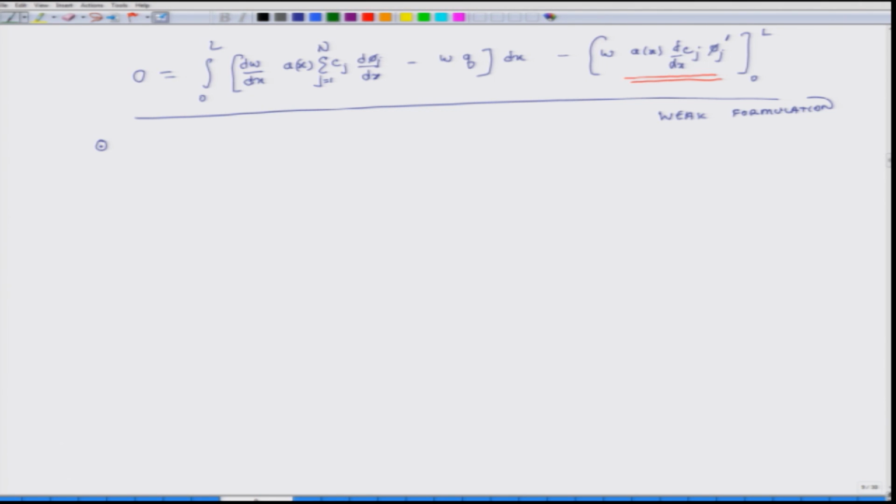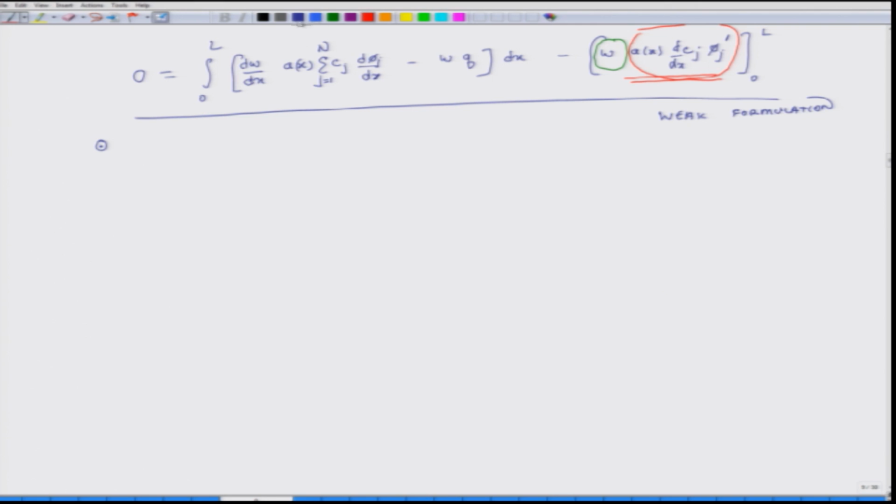So, in the boundary condition, there is the weight function, which is in green, and then there is something in red. So, there are 2 parts.